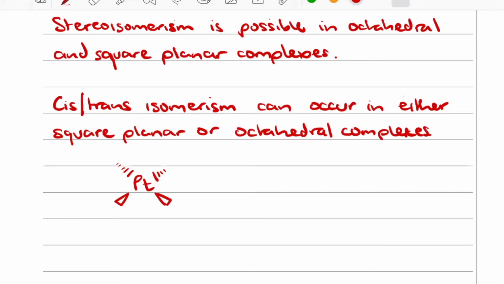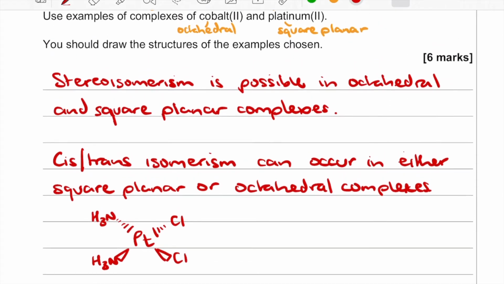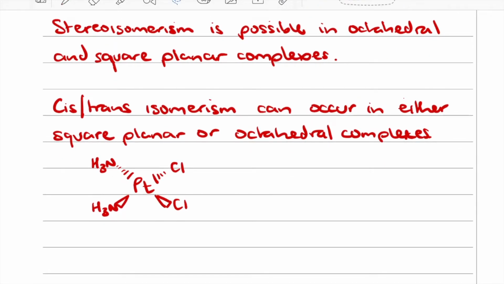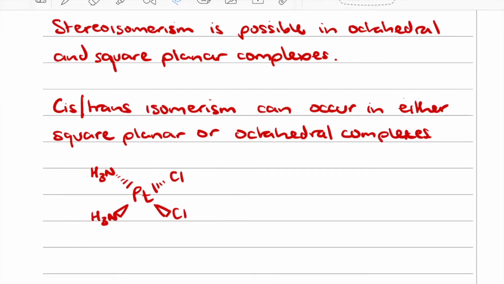So we have got Cl, H3N, H3N. Now platinum would be a 2+ charge. In fact, they mentioned this at the top, didn't they? Platinum 2+. The chloride ions are 1-. There is no square brackets around this shape. There is no overall charge. It would have an overall charge of 0.